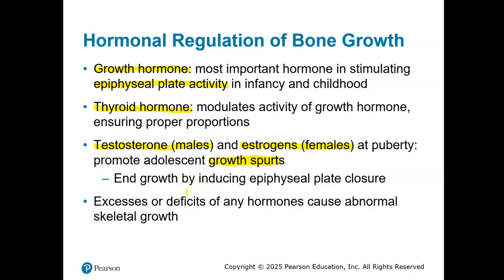And growth will end when testosterone and estrogen induce the closure of the epiphyseal plate and the formation of an epiphyseal line where that plate used to be. Now, anytime that there are abnormal amounts of any of these hormones, excess or deficits, in other words, not enough of these hormones, any of these hormones that you don't have in the right amounts at the right times can cause abnormal skeletal growth.